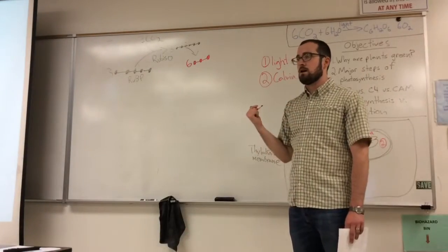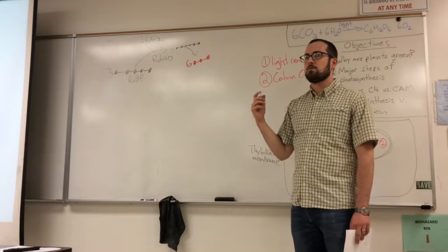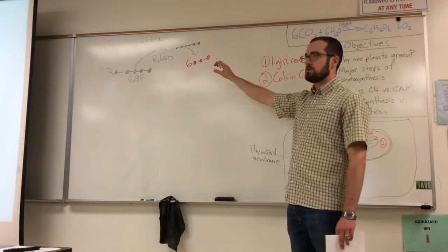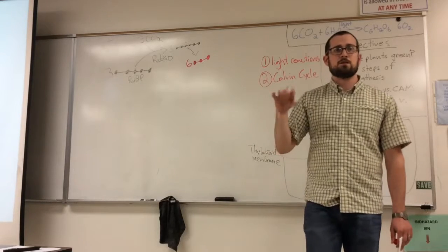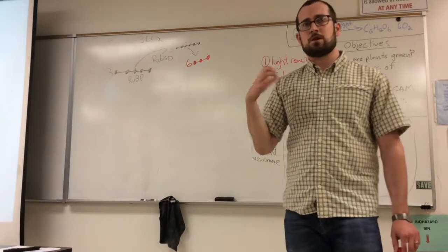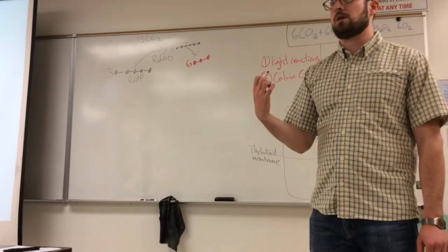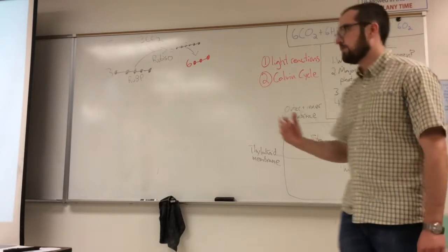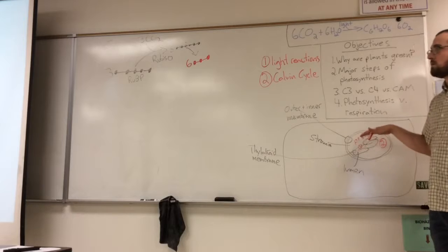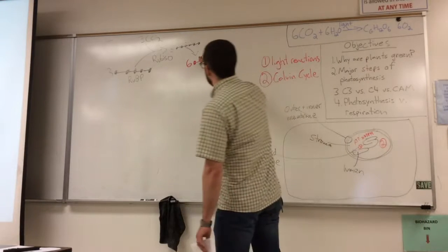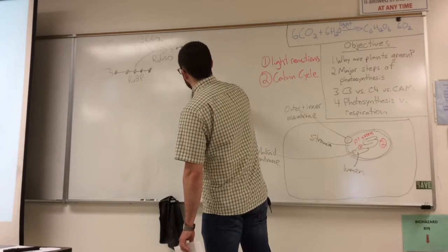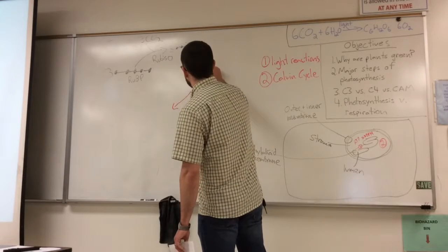And so from there, we're going to reduce our 3-carbon sugars. So we're going to use the energy from ATP and then also the electrons from the NADPH. So those are the 2 components that we created with our light reactions. And this is where we're going to use them. So we'll go through a couple of steps.